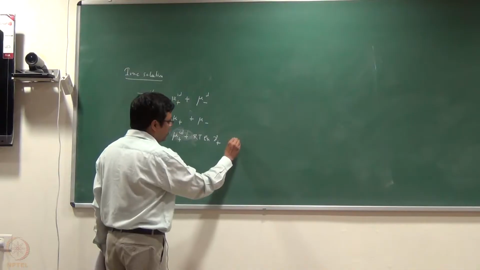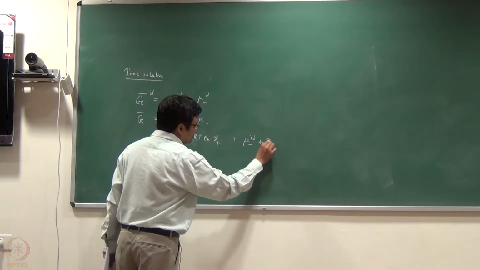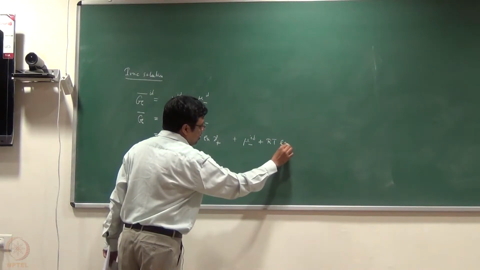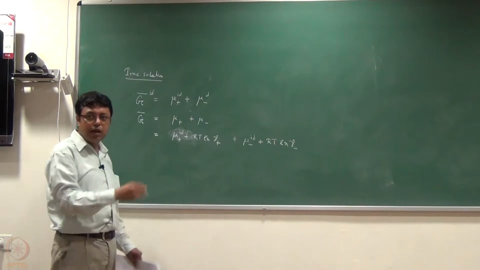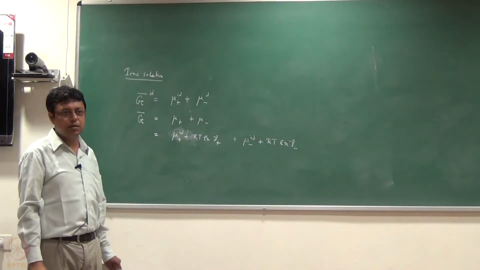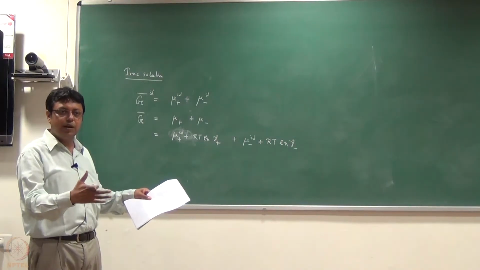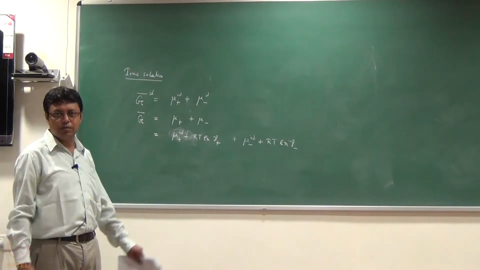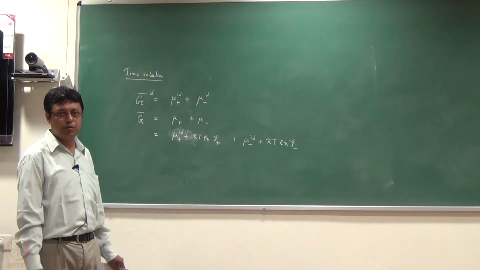Similarly for mu minus, I will write mu minus ideal plus RT ln gamma for the anion, because cations and anions will have different activities. Makes sense, because the sodium ion interacting with water is very different from the chloride ion interacting with water, for the solute being sodium chloride and the solvent being water.